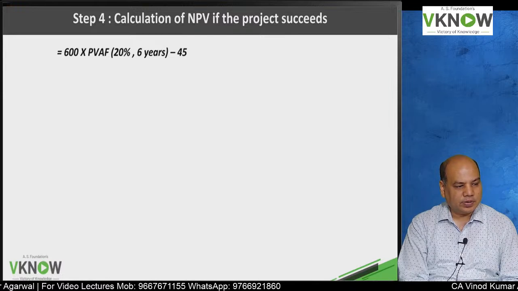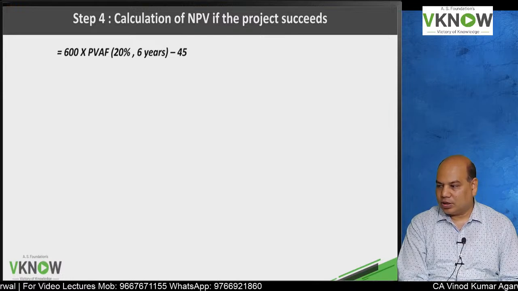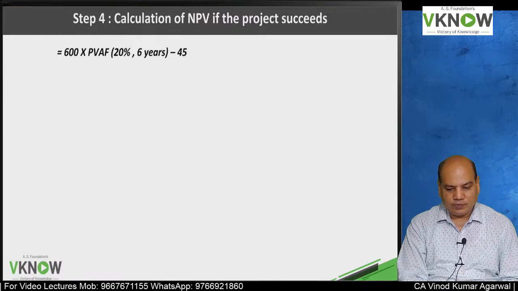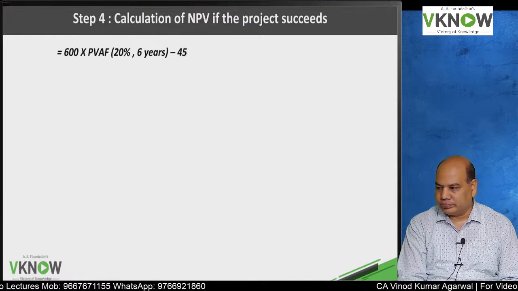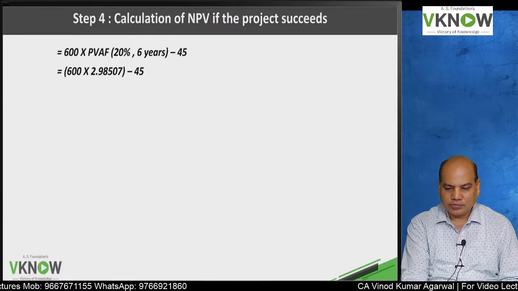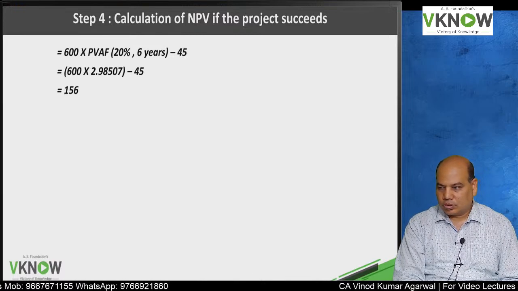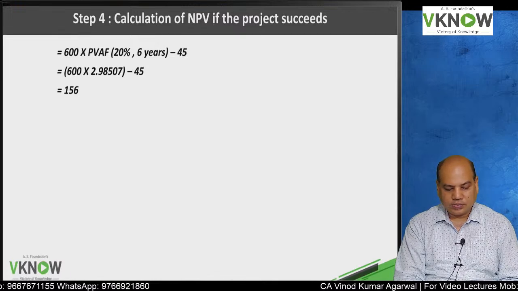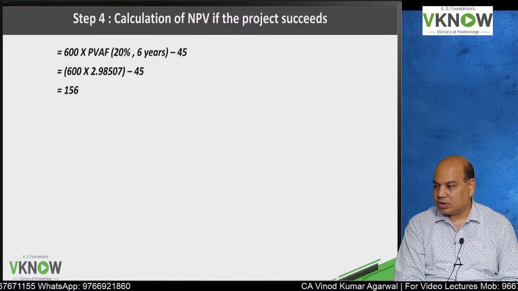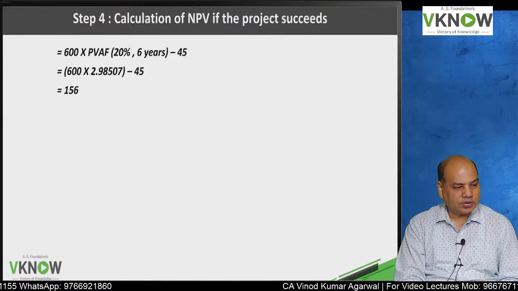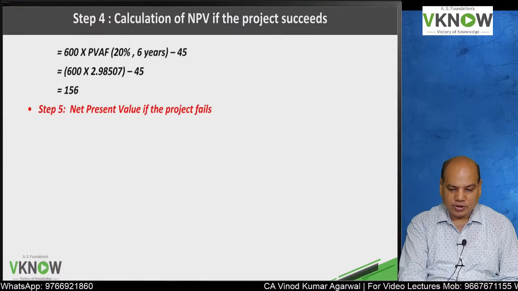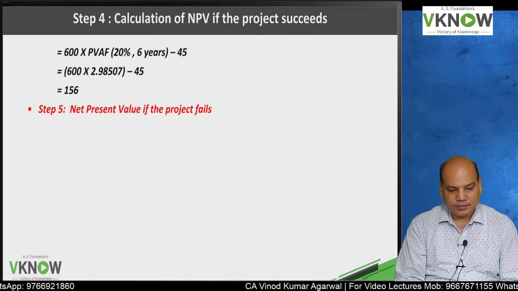What is the NPV? Final answer only. Approximately 156. Is it right? Approximately 156. Final answer 156.